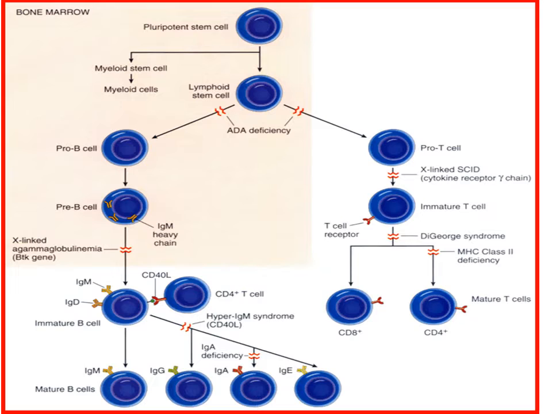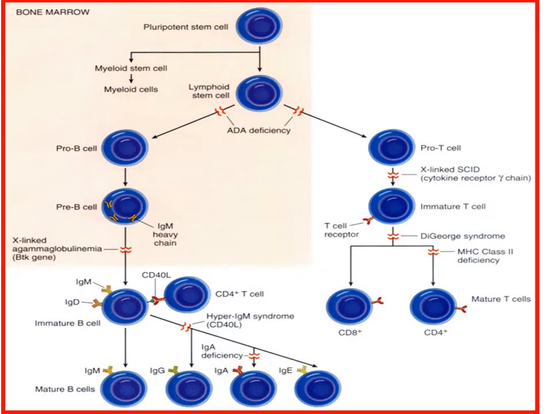When there is adenosine deaminase deficiency, that results in failure of these lymphoid stem cells to differentiate into pro-B and T cells. So there will be absent B and T lymphocyte response in the body.